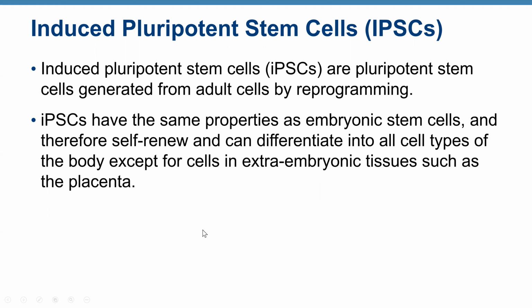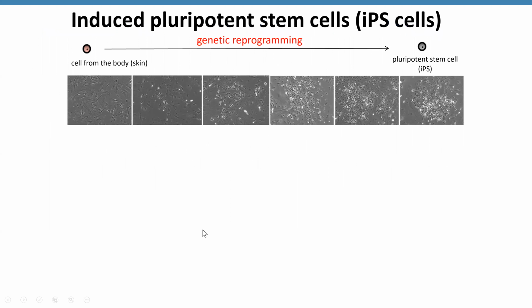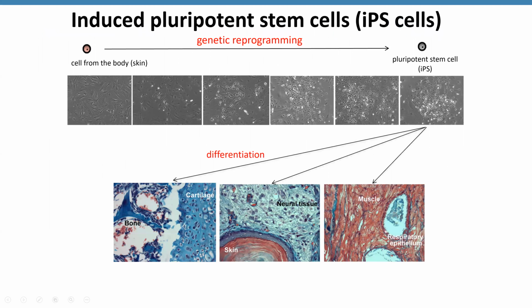Okay, maybe we don't need this placenta, right? So here's a cell from the body, from skin, that will be induced into a pluripotent stem cell. And then it can grow into cartilage or neural tissue or muscle tissue. It can differentiate.